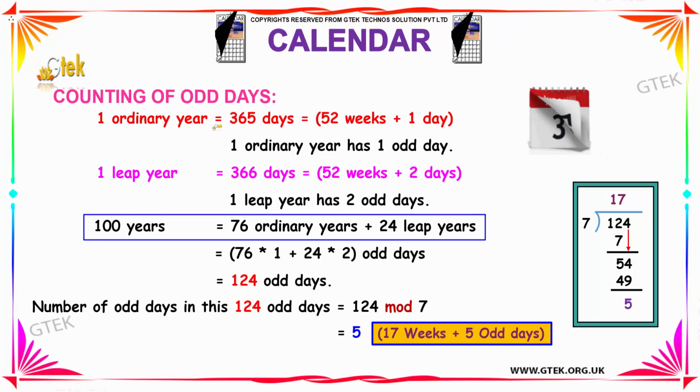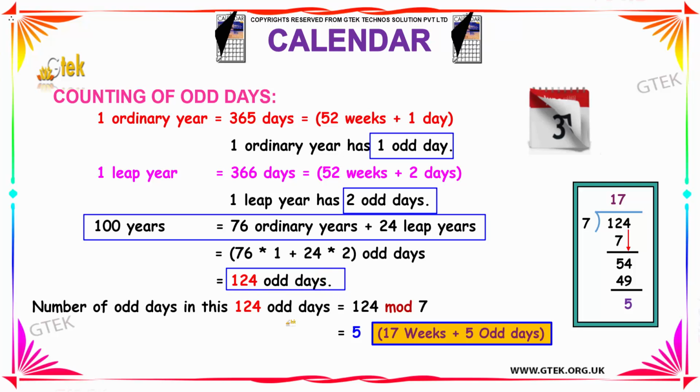Since the ordinary year has one odd day and the leap year has 2 odd days, the equation is: 76 times 1 odd days and 24 times 2 odd days in 100 years. Sum it up, you get 124 odd days.